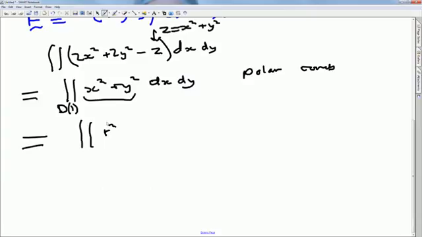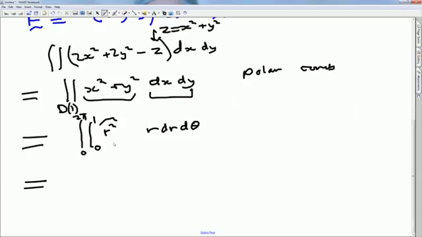So they match up. The differential dx dy becomes r dr d theta. r goes from nothing up to the full radius of 1, and theta is just a full revolution, so from 0 to 2 pi.